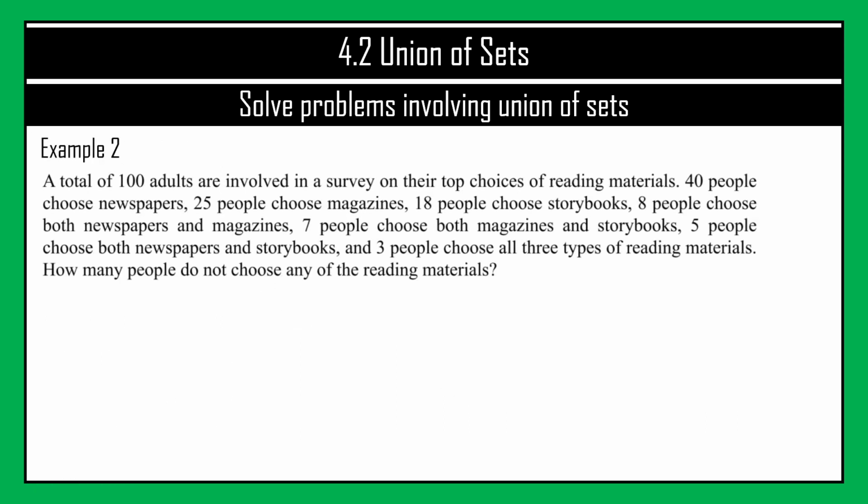Okay, example 2. A total of 100 adults are involved in a survey on their top choices of reading materials. 40 people choose newspaper, 25 people choose magazines, 18 people choose storybooks, 8 people choose both newspapers and magazines, 7 people choose both magazines and storybooks, 5 people choose both newspaper and storybooks, and 3 people choose all 3 types of reading material.